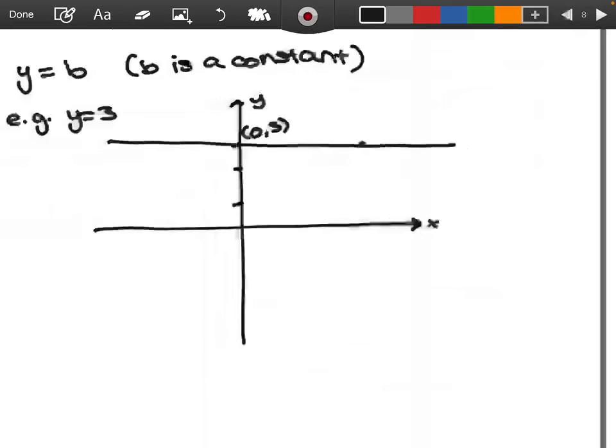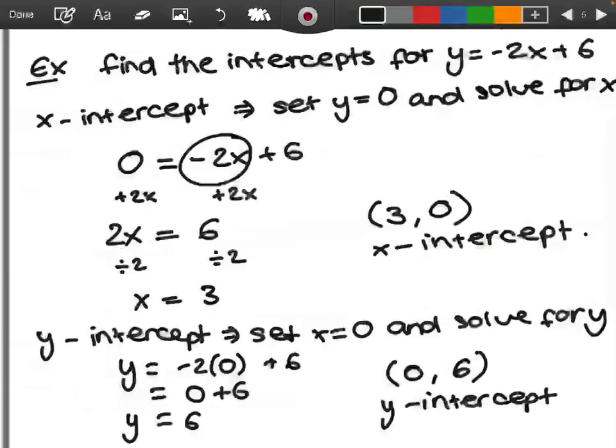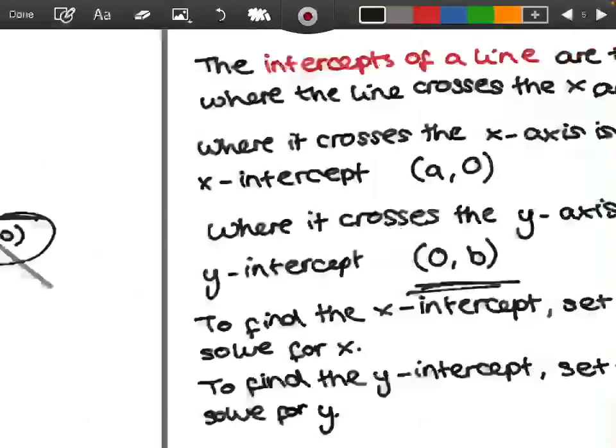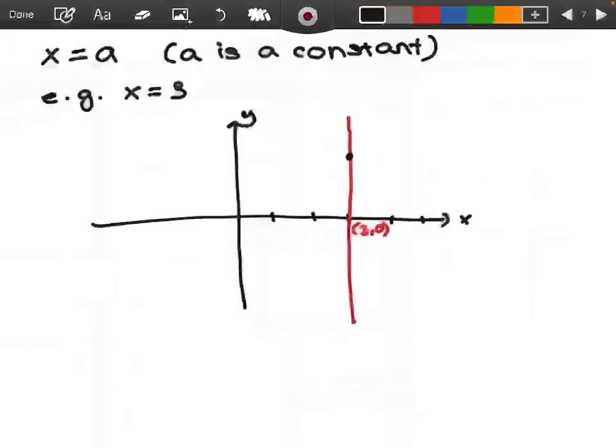So very similar to our previous example that we had. Let's look at this one. y is equal to negative 2x plus 6. I had a particular intercept on the x-axis, I had an intercept on the y-axis. I join those two up, and then I can extend that line in both directions. So these lines always have both an x and a y intercept.